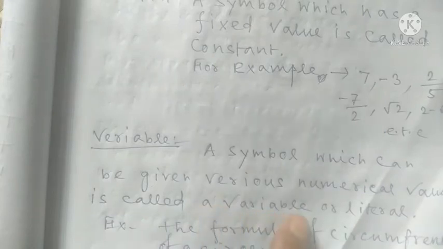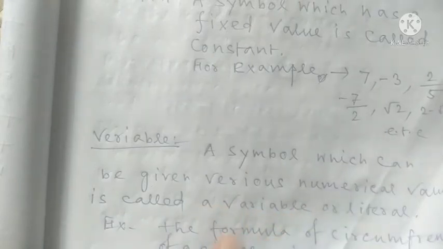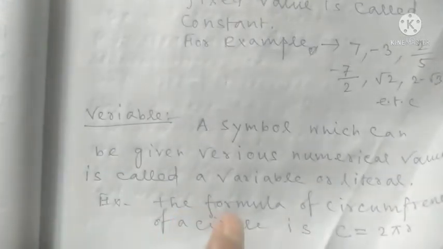And what is a variable? A variable is a symbol which can be given various numerical values. It is also called a literal. If you see the example, you can easily understand.